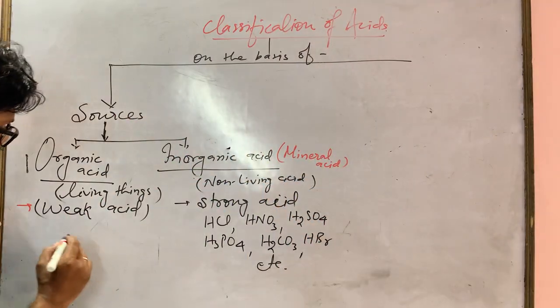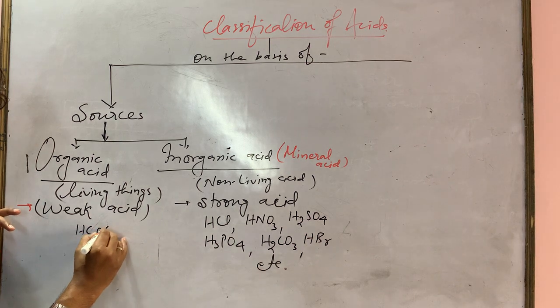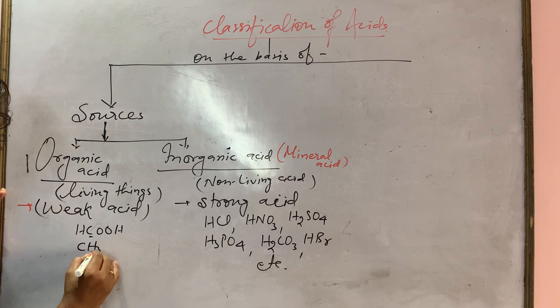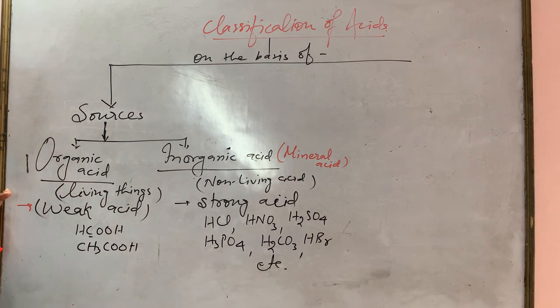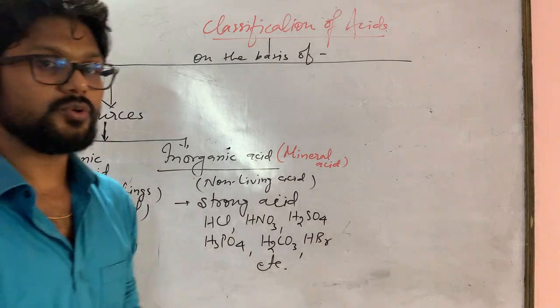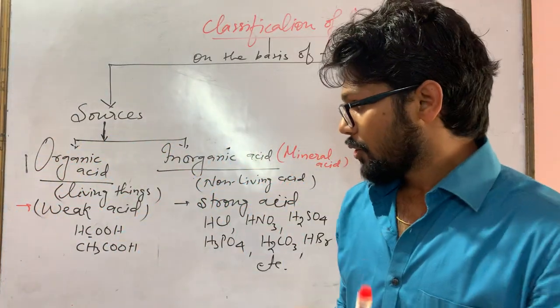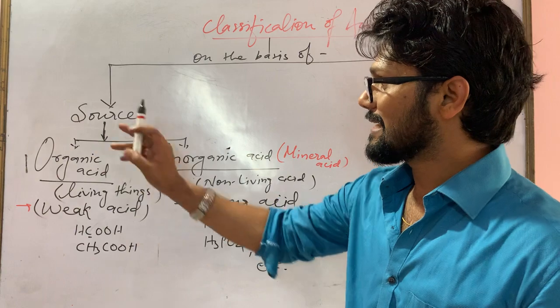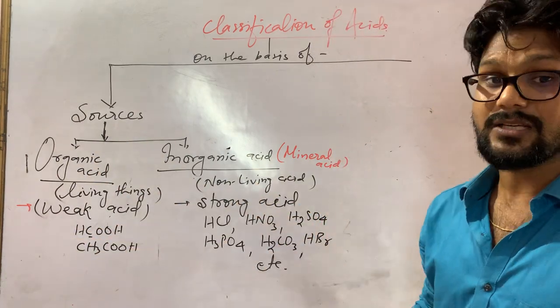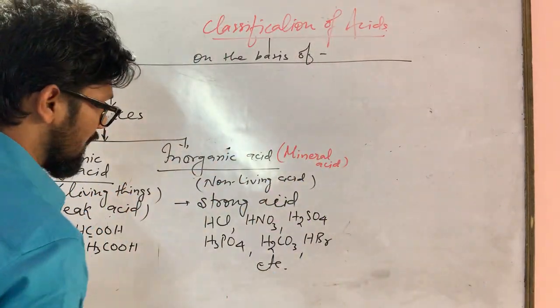See the example. Formic acid, HCOOH, having carbon. Acetic acid, CH3COOH. There are many more examples that you have to go through from the book. One more thing I want to tell you, as I said, organic acids are weak acids and inorganic acids are strong acids, but there is one exception, carbonic acid.